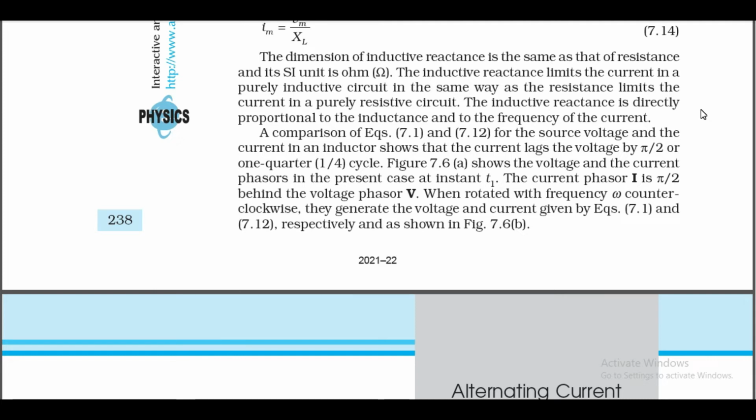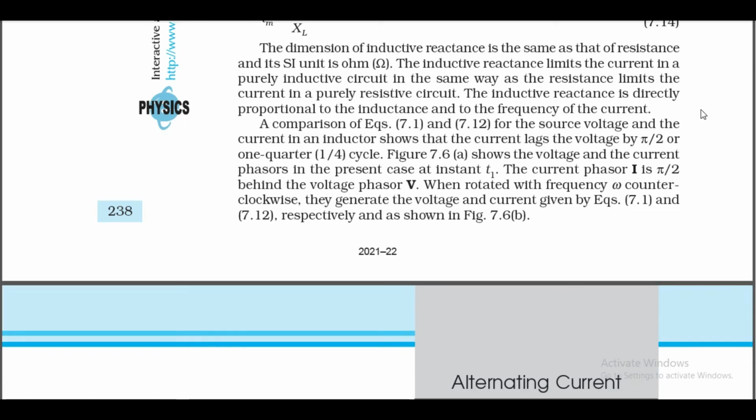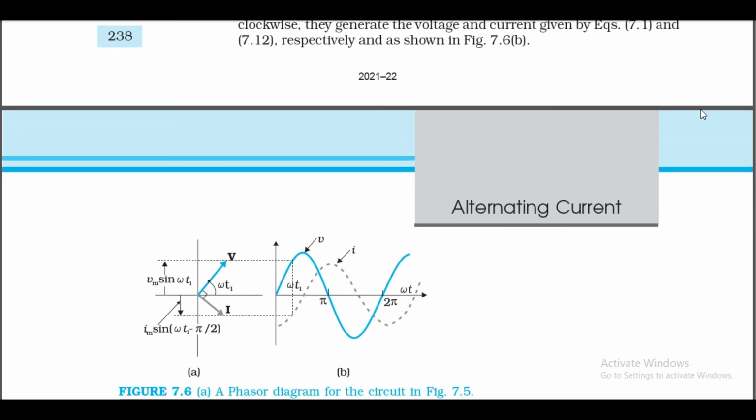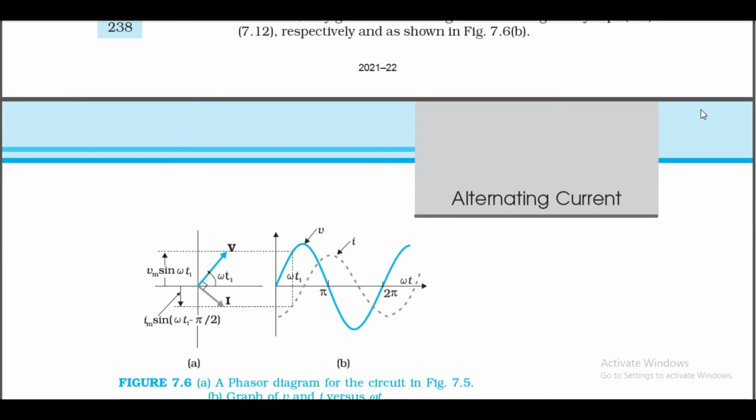In the present case, at instant t1, the current phasor I is π/2 behind the voltage phasor V. When rotated with frequency ω counterclockwise, they generate the voltage and current given by equation 7.1 and 7.12 respectively, as shown in figure 7.6b.